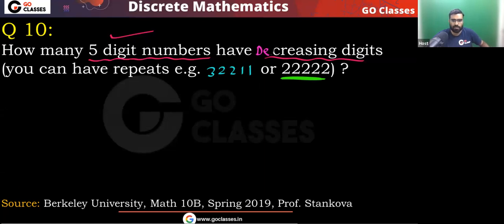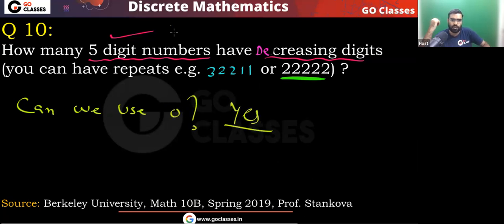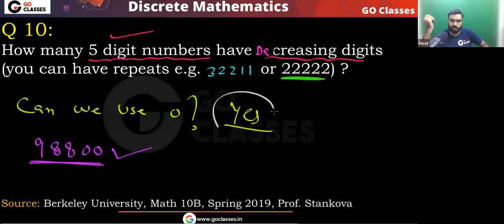Can we use 0? The answer is yes. Absolutely, you can use 0. For example, you can create something like this, 98800. This you can create, there is no problem. So the answer is yes, we can use 0.